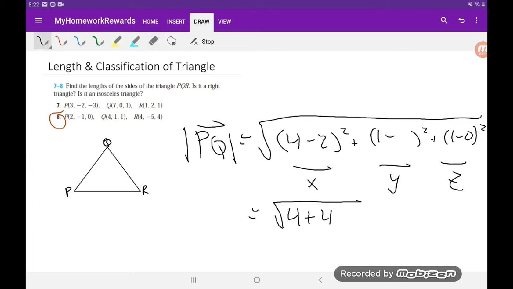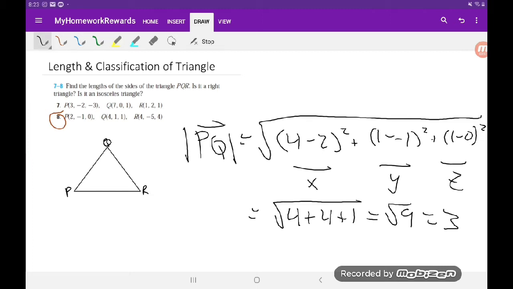This is supposed to be a minus 1. That's better. Plus 1 equals the square root of 9, which equals 3. So what that means is the magnitude of that side length is 3. So you can pause the video right now if you'd like to attempt to find the other side lengths using a similar methodology.